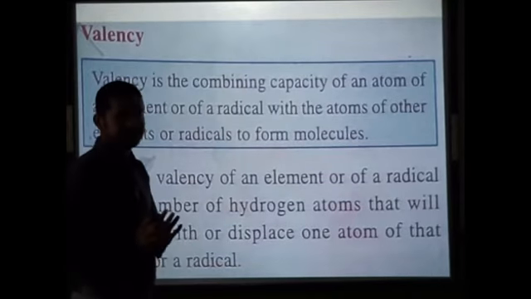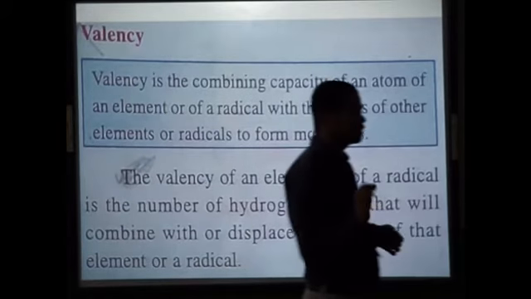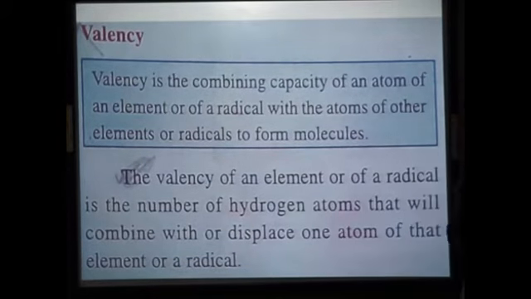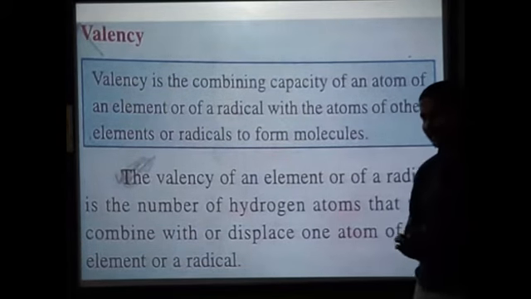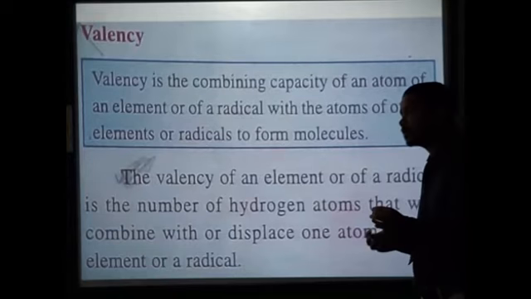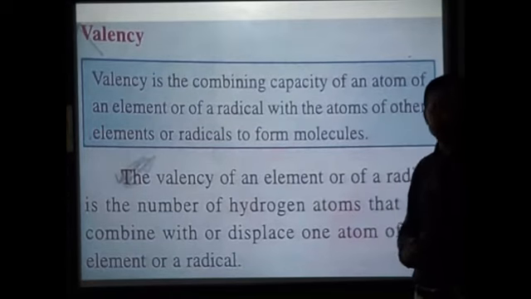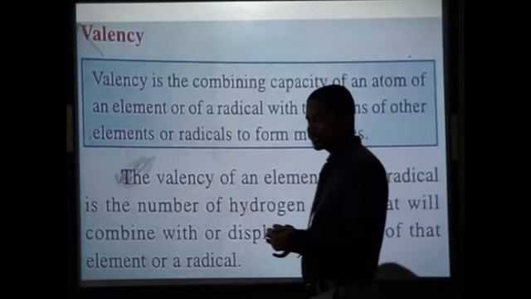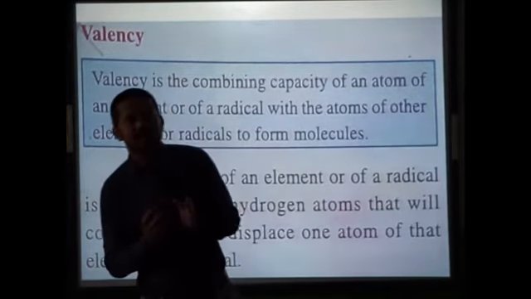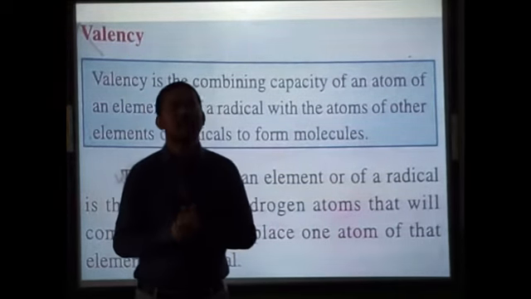Then comes valency. In the language of chemistry, first of all is the symbol. Then how a particular element can combine with another element, because we know that most of the atoms are unstable.